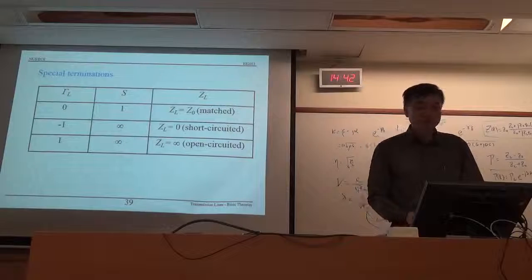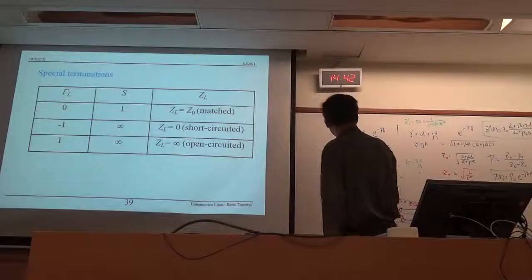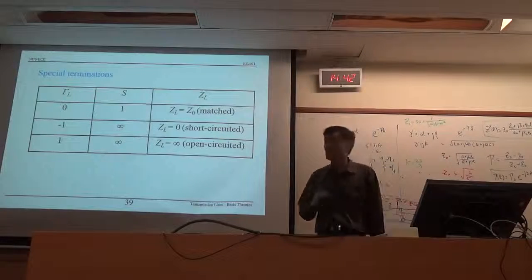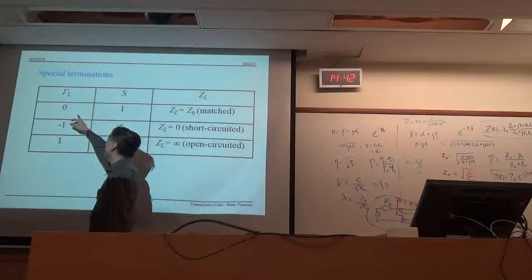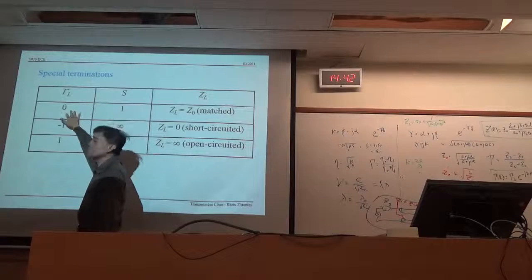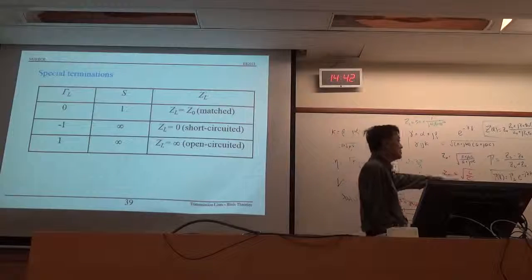And for special terminations, now the special termination is what happens if the load is a special load. When there's a matched load, gamma L equals 0. How do we get gamma L equal to 0?